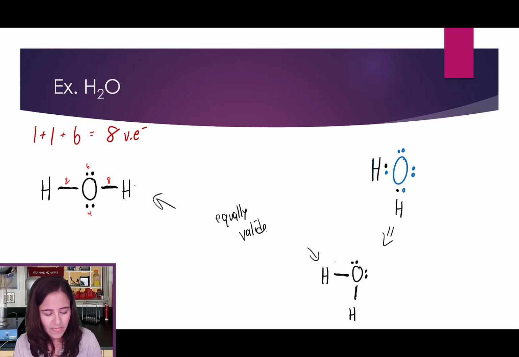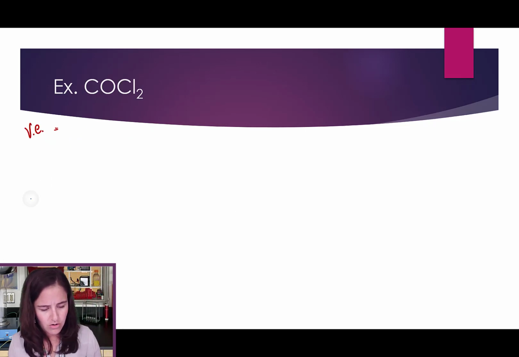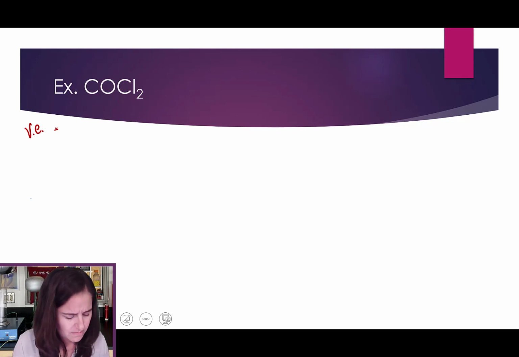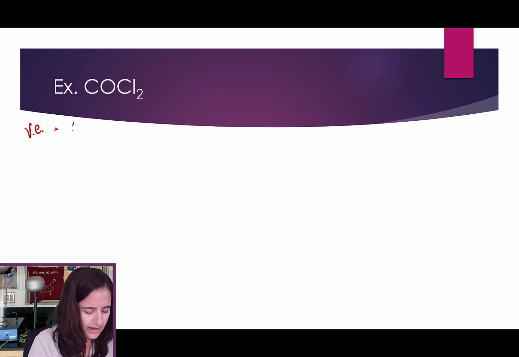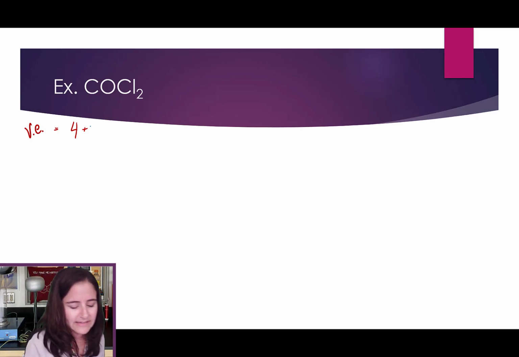Okay, let's go ahead and do one more example. Carbon, oxygen, chloride, dichloride. Let's go ahead and count up our valence electrons. Carbon has 4. Oxygen is in group 16, so it's got 6.